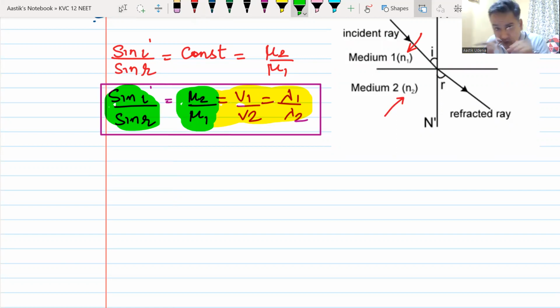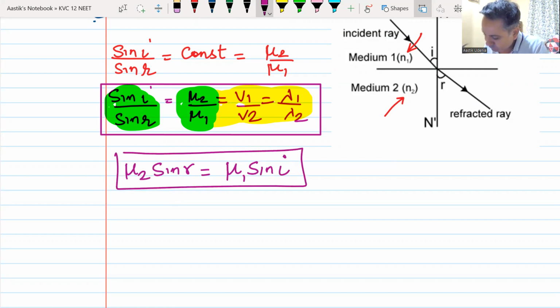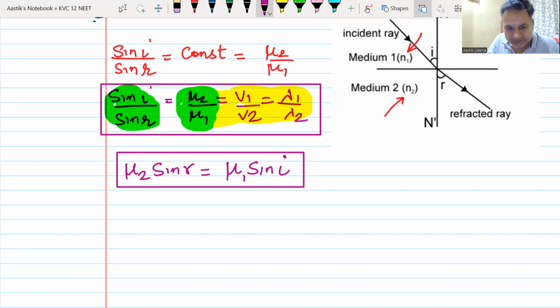Taking these two greens together, I can also write it as mu2 into sine of r is equal to mu1 into sine of I. Yes or no, my dear friends? Yes, sir. At least it's not looking so good here. Sine I and sine R, you are always confused which is I, which is R.